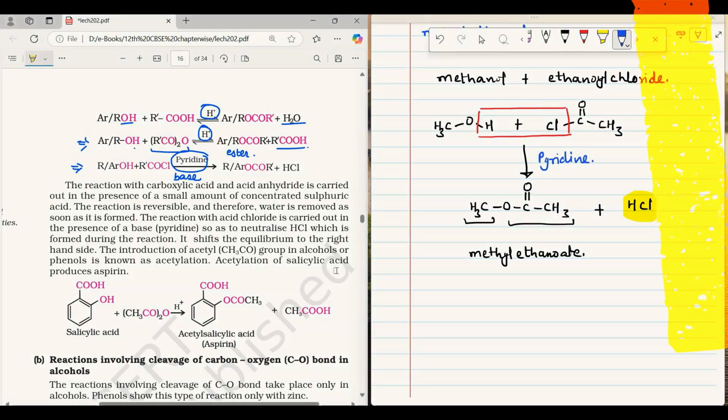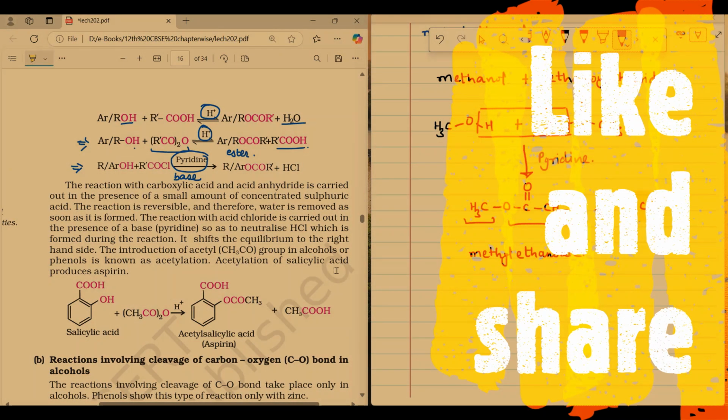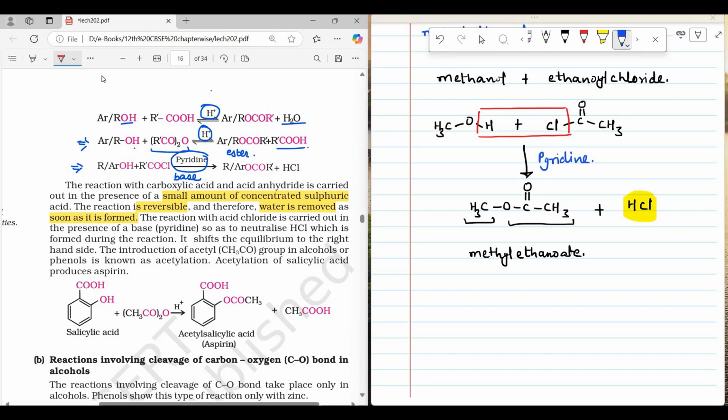Now let's read from the book. The reaction of carboxylic acid and acid anhydride is carried out in presence of a small amount of concentrated sulfuric acid. The reaction is reversible. Therefore, water is removed as soon as it is formed. Learned in chemical equilibrium according to Le-Chatelier principle.